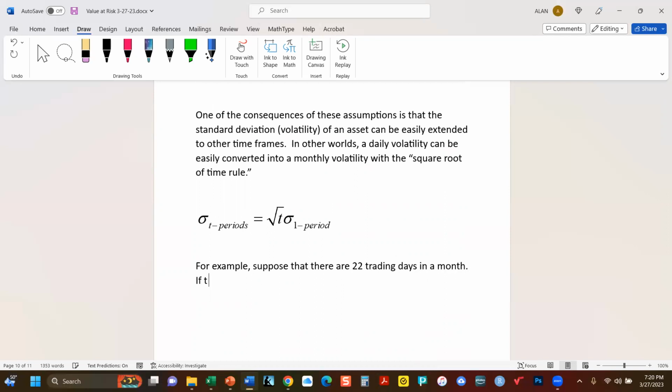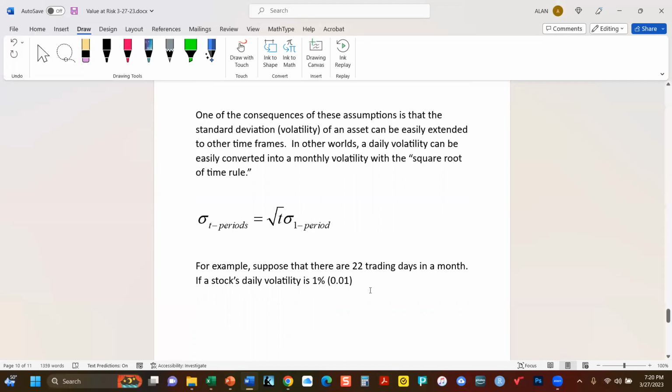If a stock's daily volatility is, let's say, 1%.